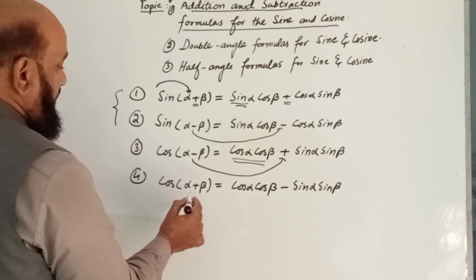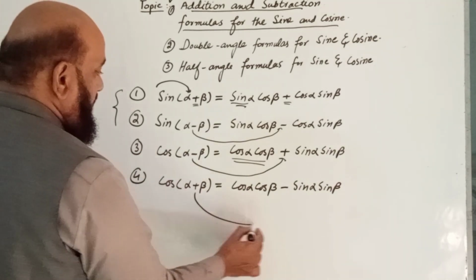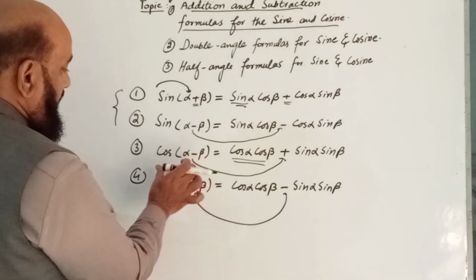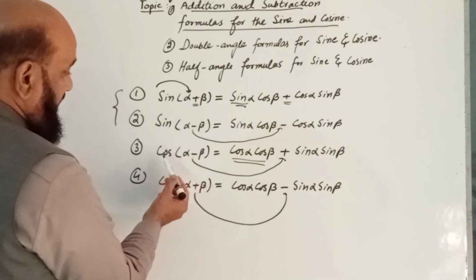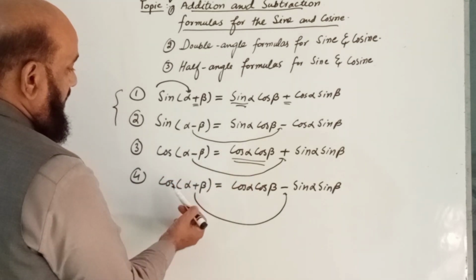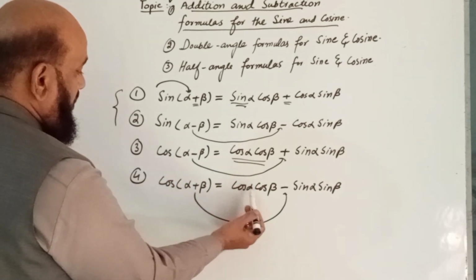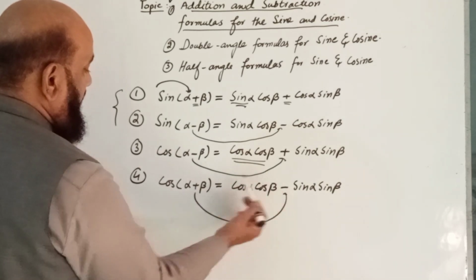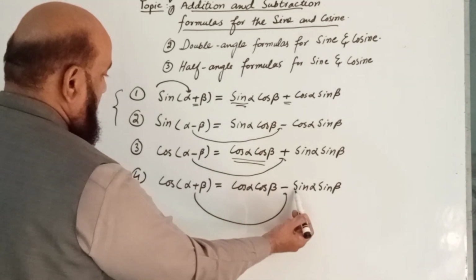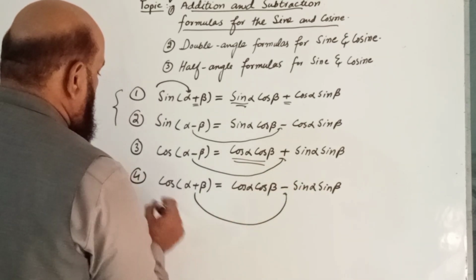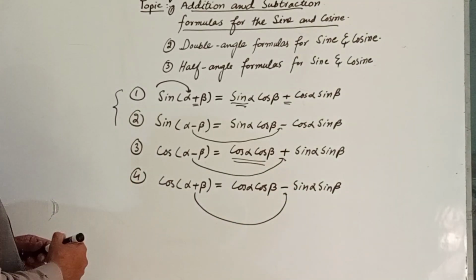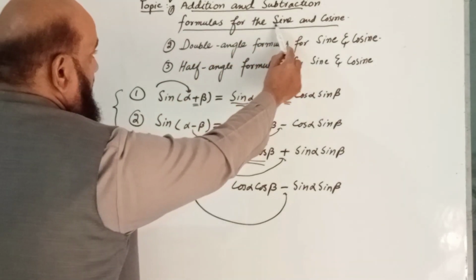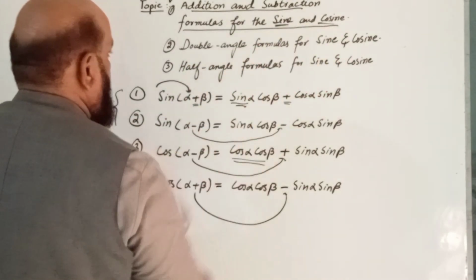And the last one is plus converted into minus, and similarly, as above, cos alpha cos beta, but the positive sign will be changed into negative sign, and then comes sine alpha sine beta. These are the four basic formulas for addition and subtraction for the sine and cosine.